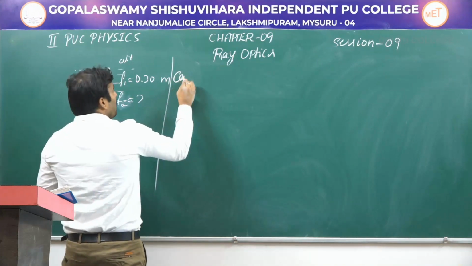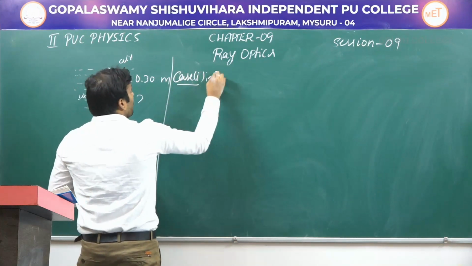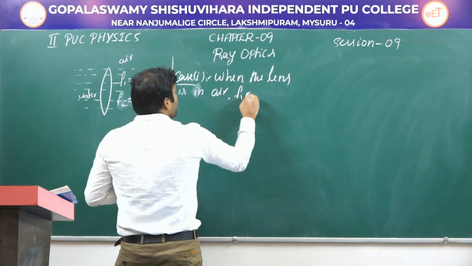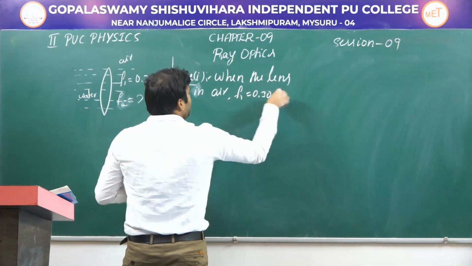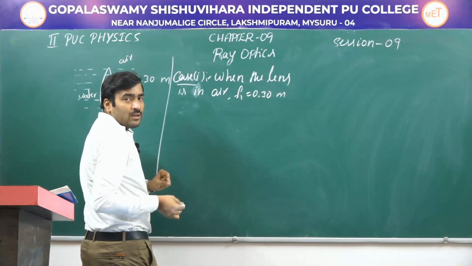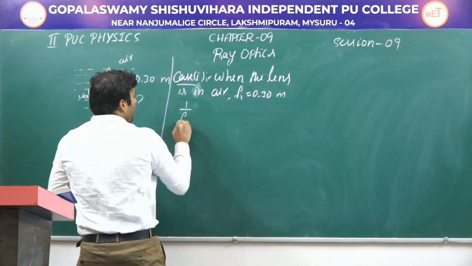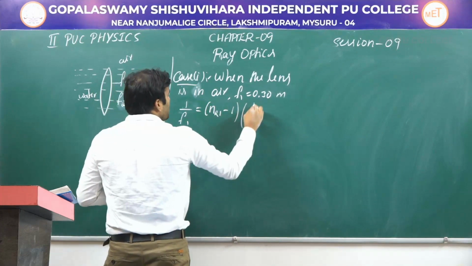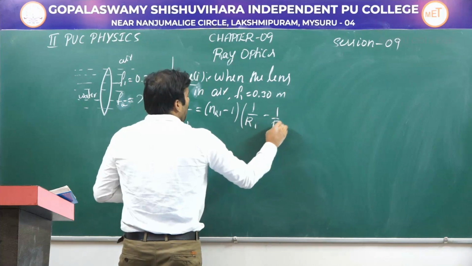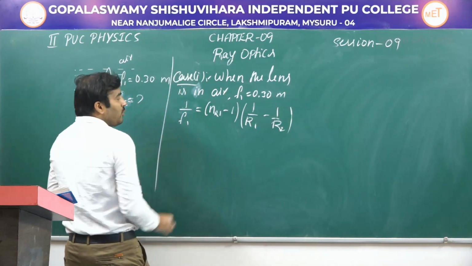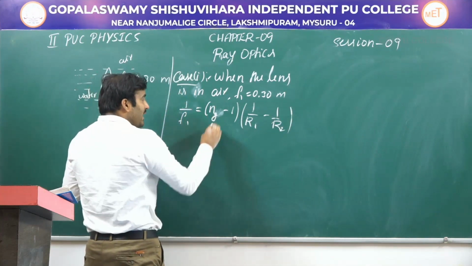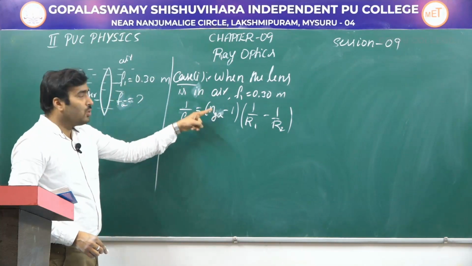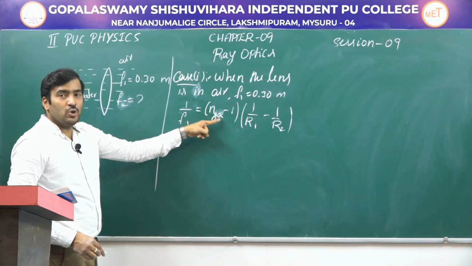In case one, when the lens is in air, the focal length is 0.30 meter. So now by using the lens maker's formula, 1 by f1 is equal to (n21 minus 1) into (1 by r1 minus 1 by r2). Here the second medium is glass and the first medium is air, correct? n_GA refers to the refractive index of glass with respect to air.